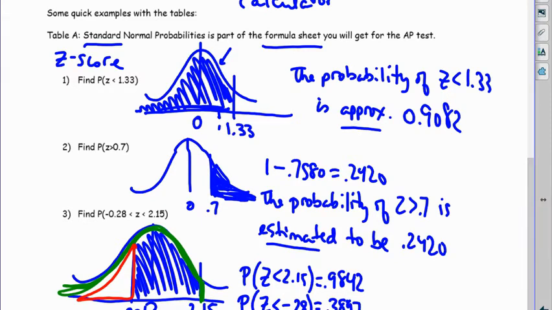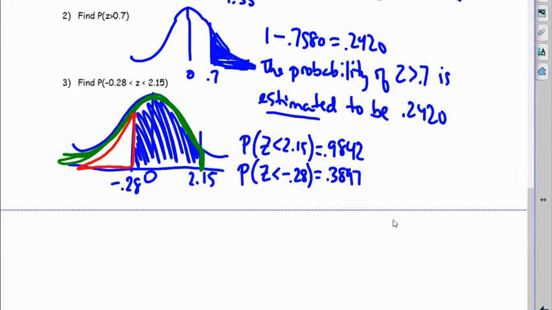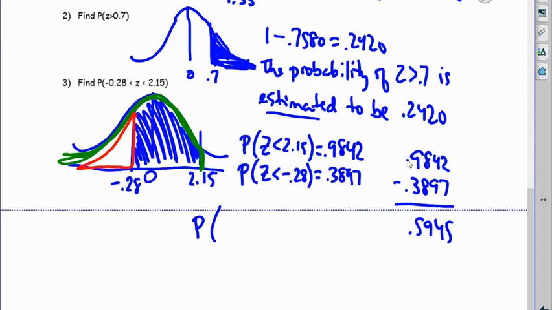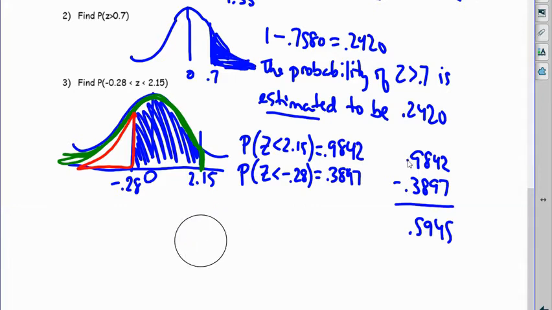So 0.9842 minus 0.3897. That's going to be 0.5945.